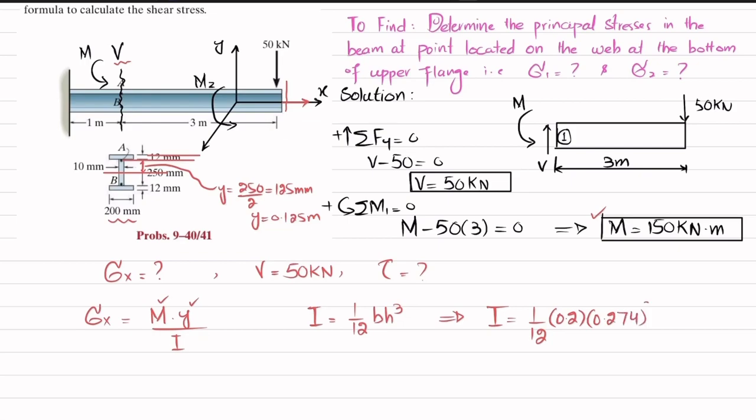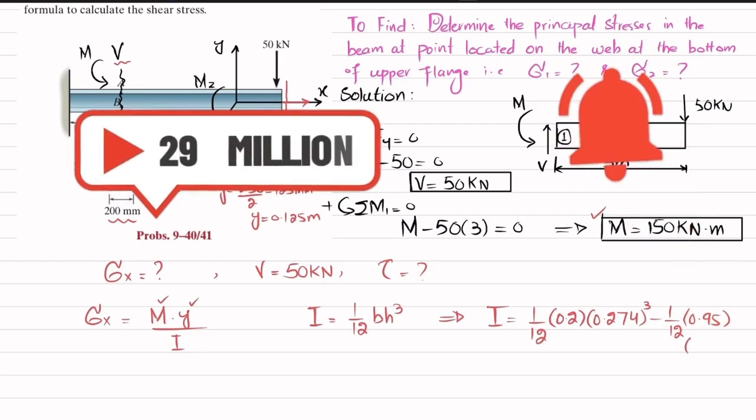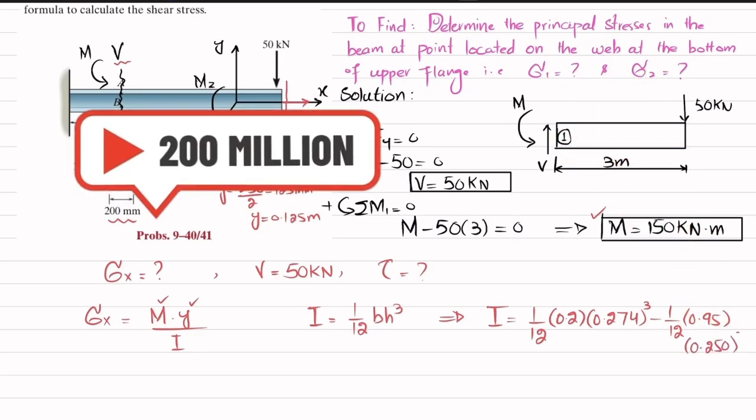0.274 whole cube, minus 1 over 12 into, you can see this height will be equal to 250 and this breadth will be equal to 200 minus 10 divided by 2, which is equal to 95. So I will write its breadth is equal to 0.095 and height is 0.250 whole cube.